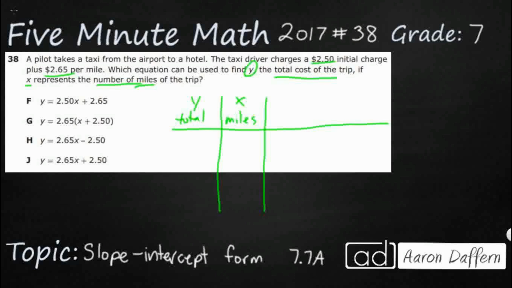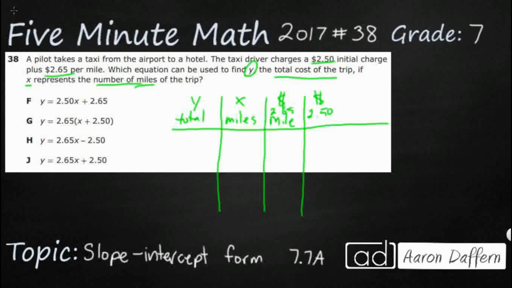We have dollars per mile. That's the 265, right? And then we've also got this 250, some more money, so 250. That's just the initial charge.